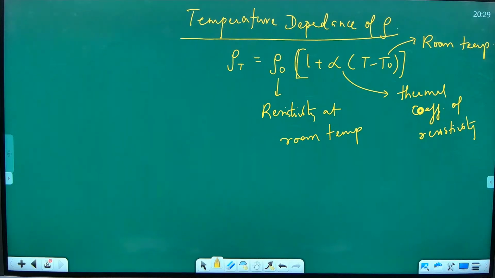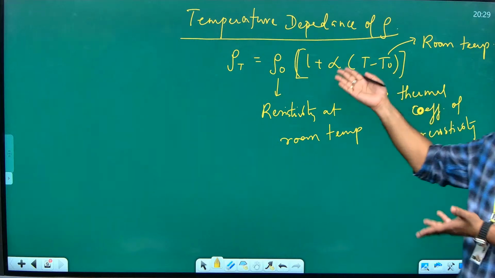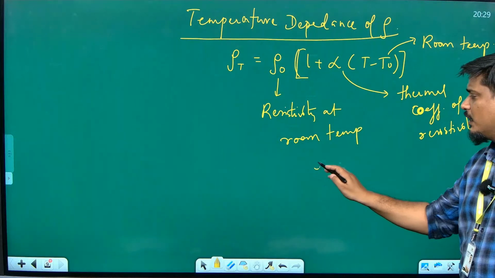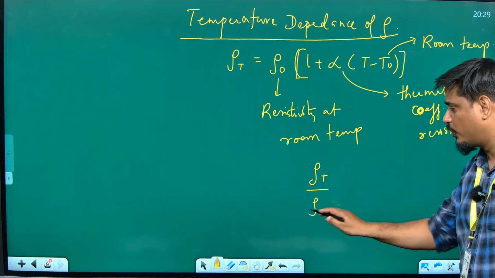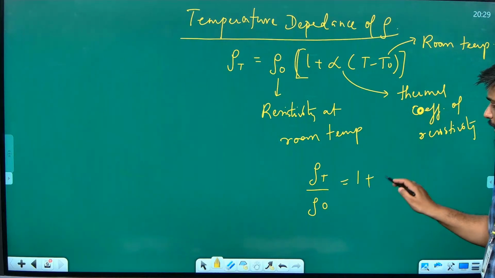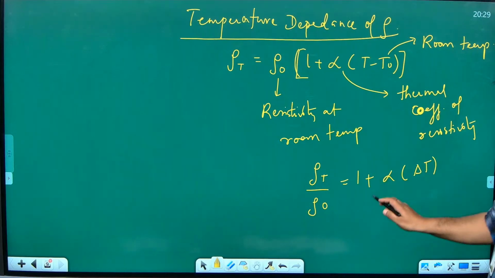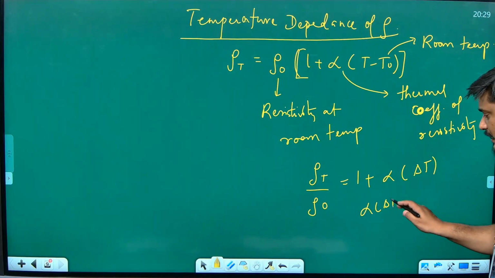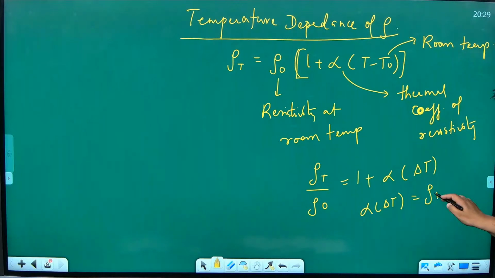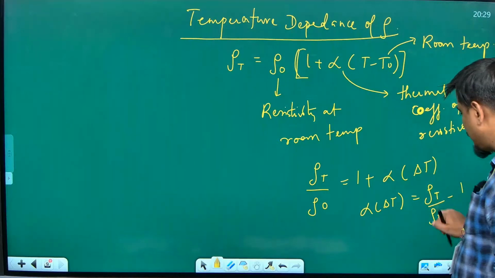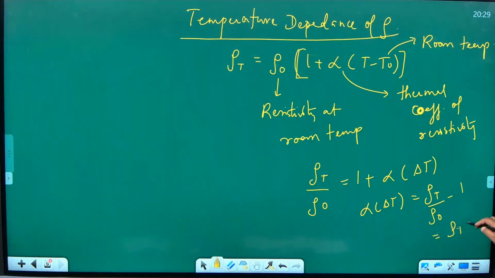Very simple. From here, if you want to find the alpha formula, you can. Rho T divided by rho naught is equal to 1 plus alpha delta T, where T minus T naught is delta T. So alpha into delta T is equal to rho T by rho naught minus 1, which is rho T minus rho naught by rho naught.